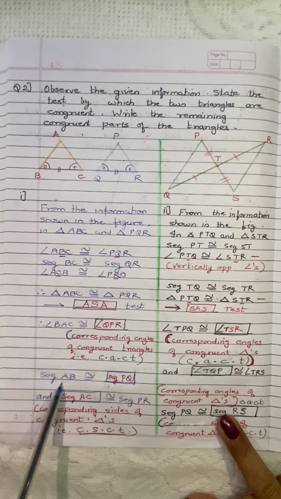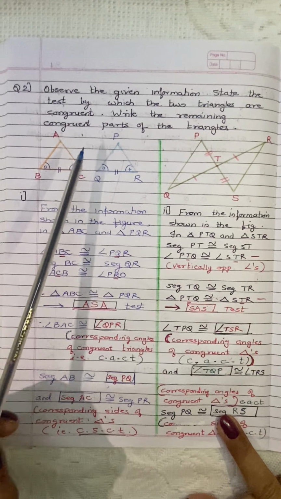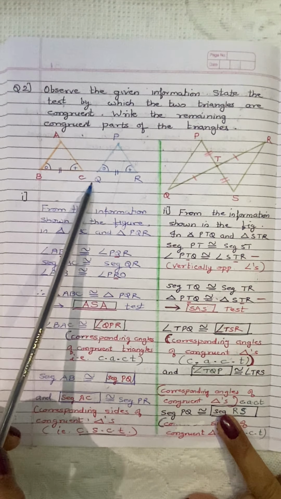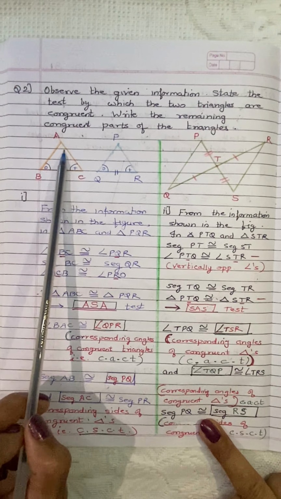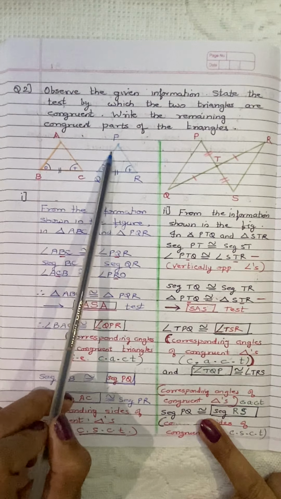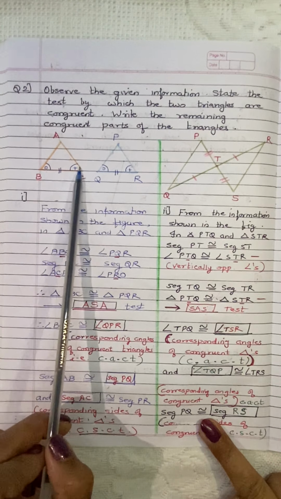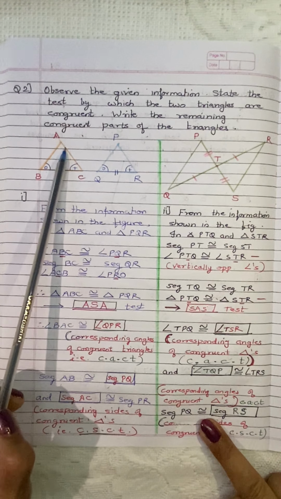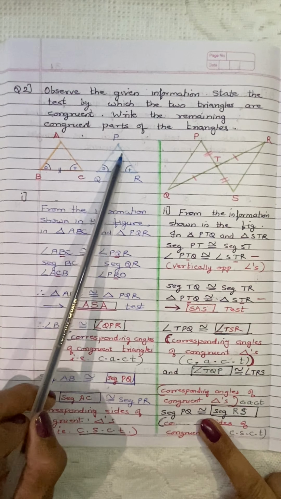So segment AB is congruent to segment PQ. Now they ask us to find out the remaining parts. When this angle is equal to this angle, this side is equal to this side. Corresponding angles of congruent triangles we found out. According to the test, this is also equal.